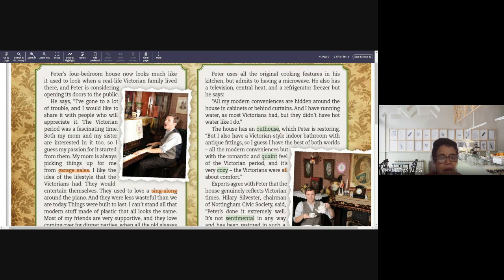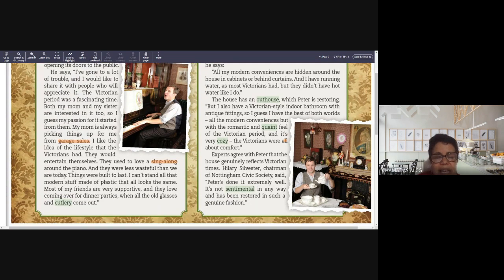Look, he says here, I like the idea of the lifestyle that the Victorians had. So here he says the Victorians were all about comfort. So all the practicality of modern life is not something that he likes. He likes the idea of comfort that the Victorians had in the past.